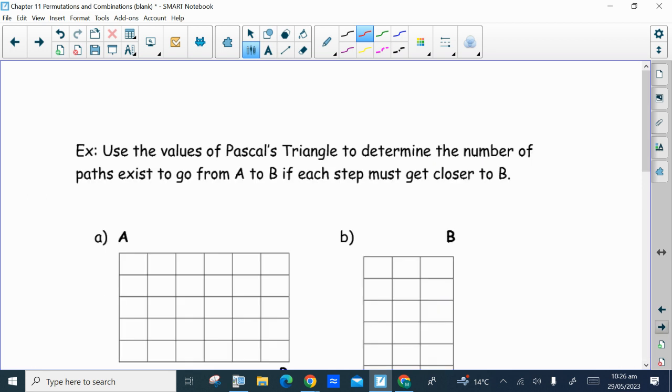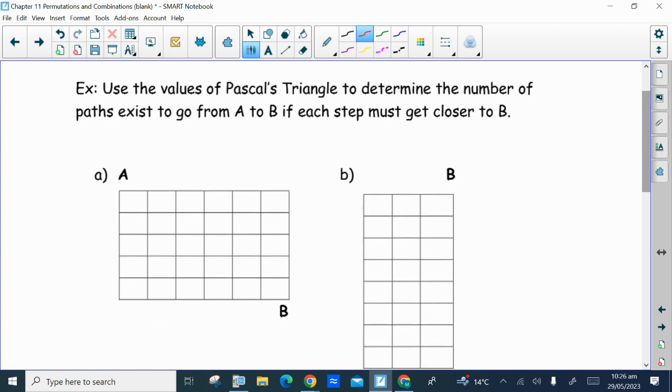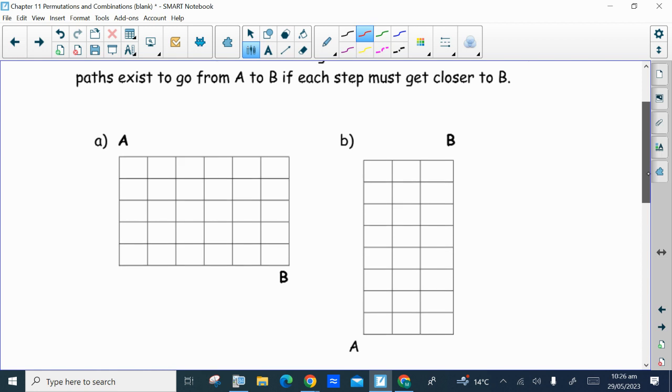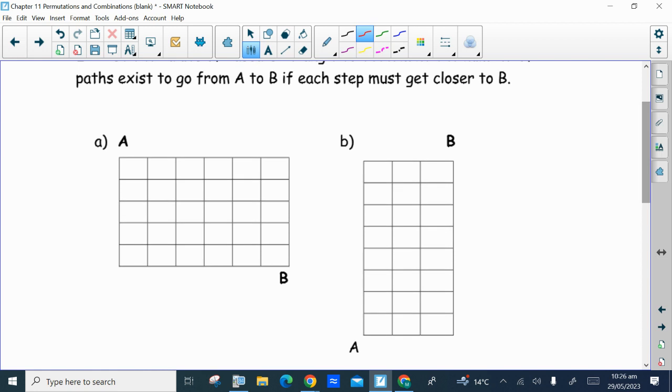All right. We saw examples previously where we could answer these pathway questions by using combinations, or basically factorials. So if you're going from A to B and you're always moving closer to B, meaning no backtracking, we saw that you could do these first two by using basically repetition.